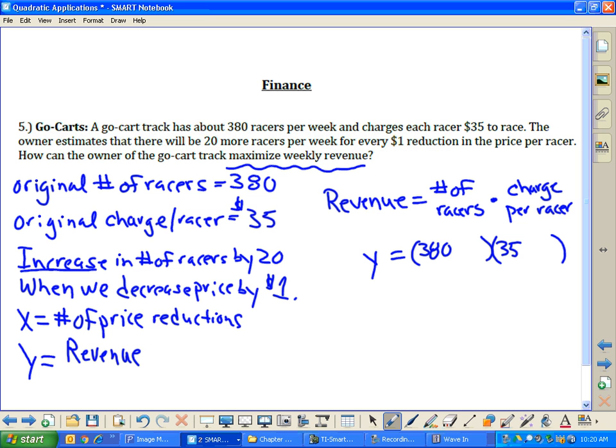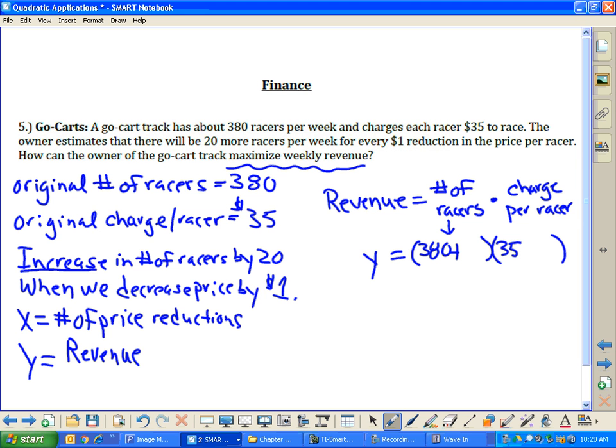So in general, my first quantity represents a number of racers or a number of people. My question now is, is this number of racers going to increase or decrease? Increase. So I have to add something on to that. So I get a plus sign in that set of parentheses.